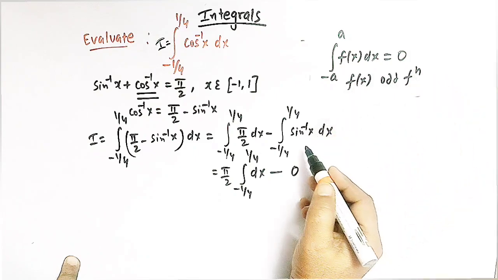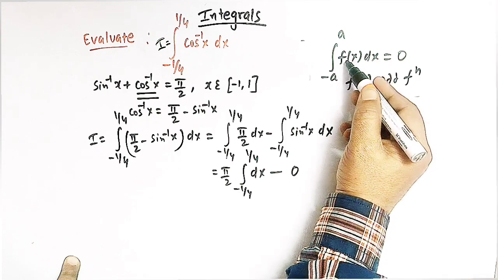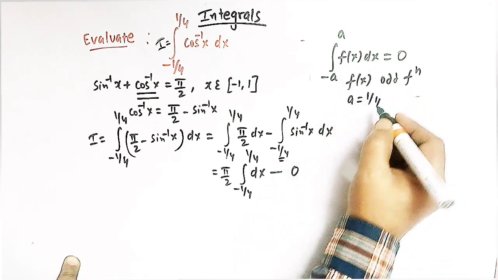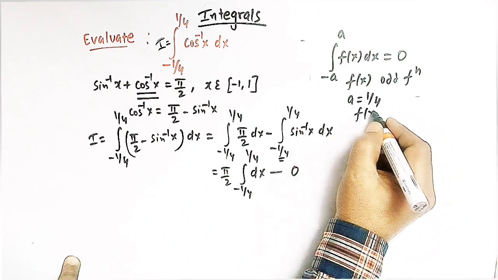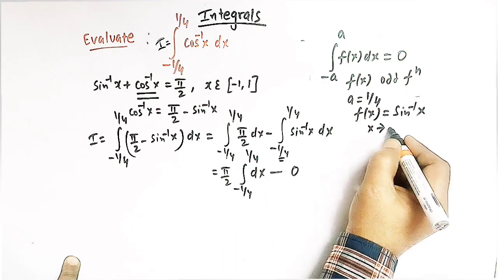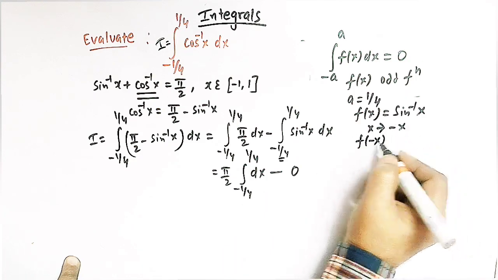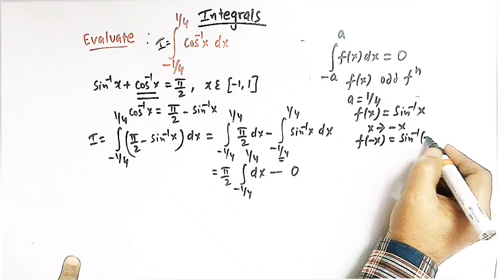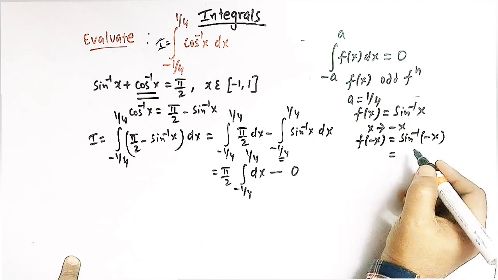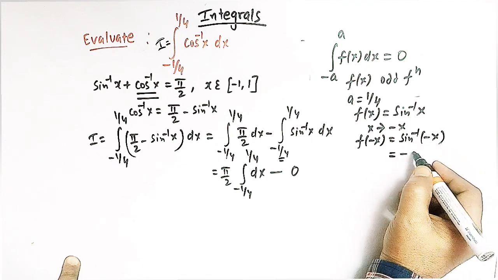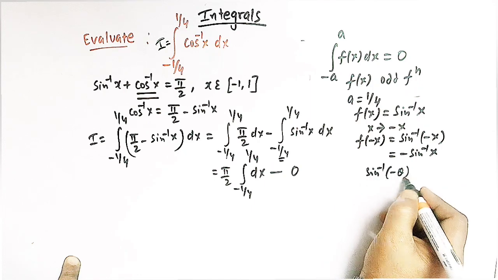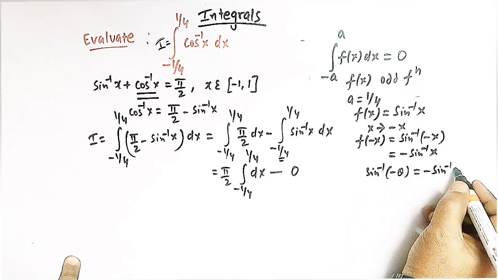If we compare this integral with this one, then a is equal to 1 over 4, and f of x is equal to sine inverse x. Now if we replace x by minus x, then f of minus x is sine inverse of minus x. And from inverse trigonometric functions, we know that sine inverse minus x is minus sine inverse x.